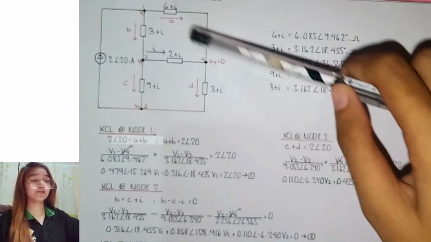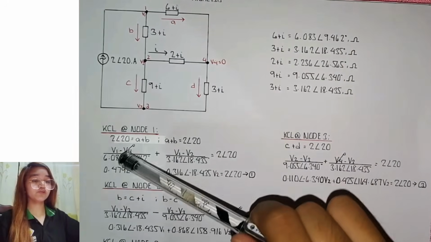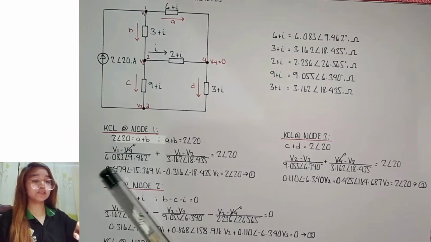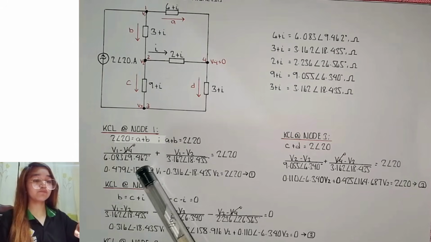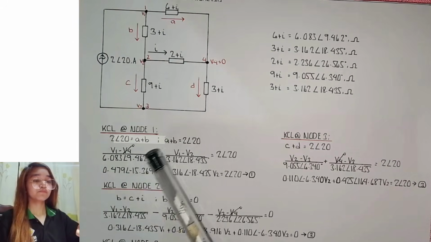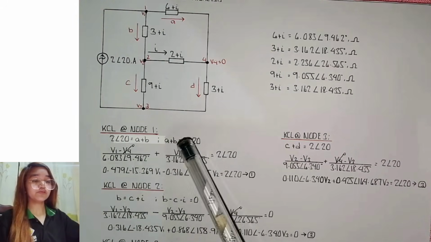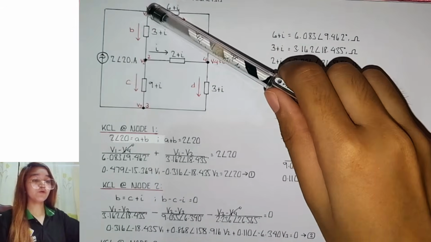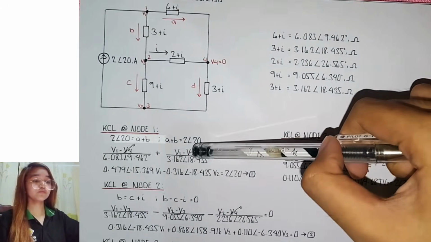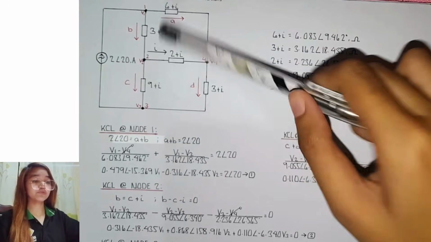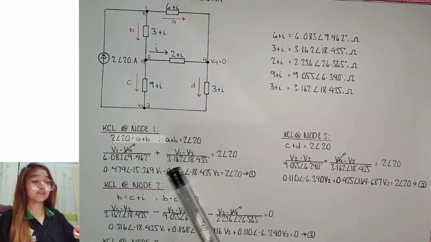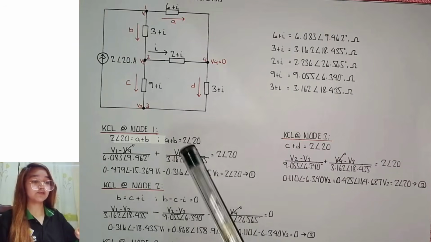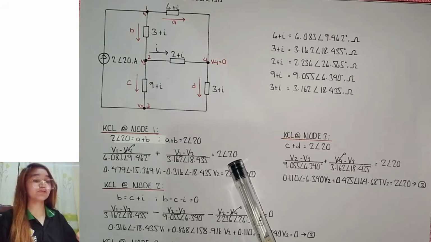So for our A, this is the equation: V1 minus V4 all over the impedance here, which is 6.083 angle 9.462, plus B. So our B is V1 minus V2 all over the impedance here, which is 3.162 angle 14.435, is equal to 2 angle 20.